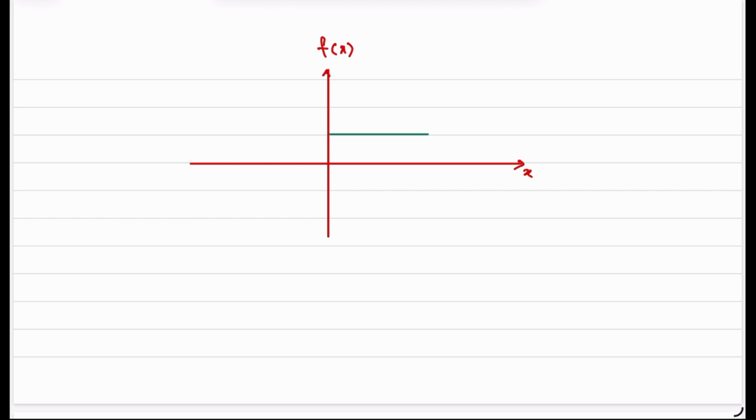It's a constant function. Please remember, in a straight line, function x is equal to a naught plus a1x. Here a1 is equal to 0. That means the slope is 0 for a line parallel to x-axis.